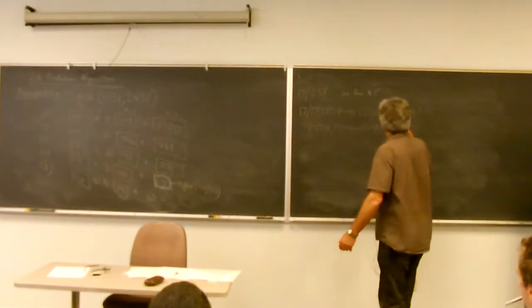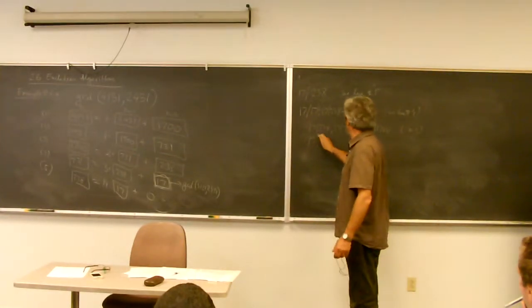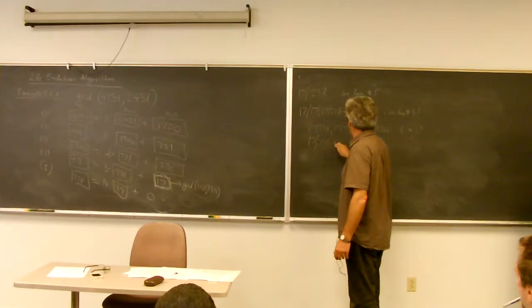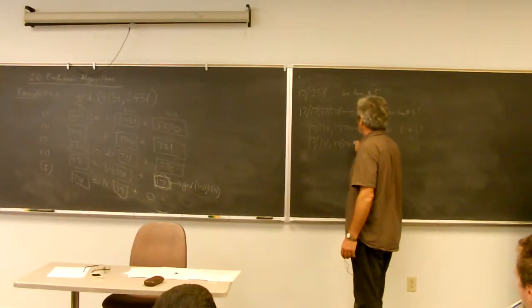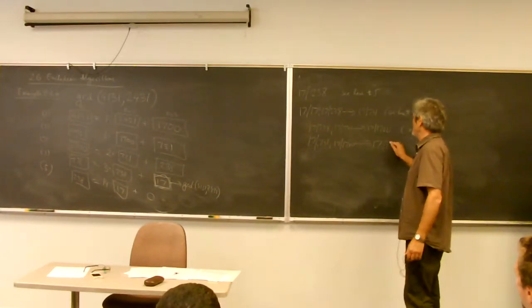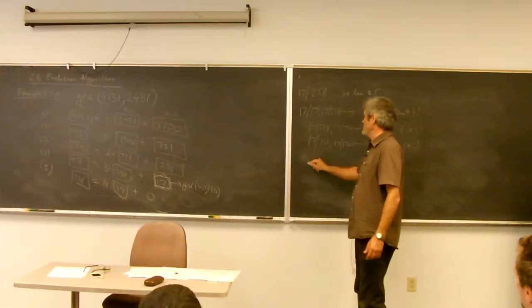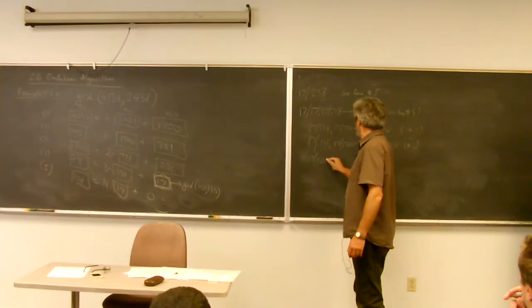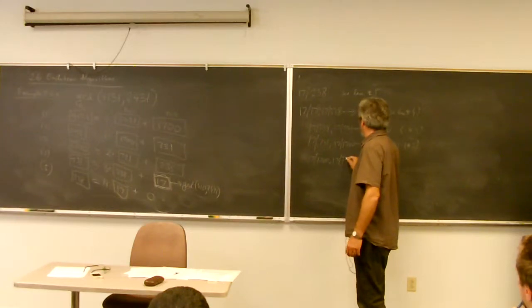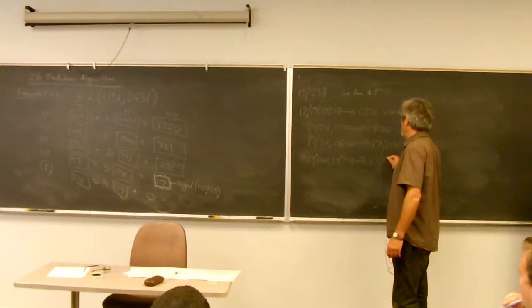I can actually write, so this was line number 3. Line number 2 says 17 divides 731, and 17 divides 1700 implies 17 divides 2431. That's line number 2. And line number 1 says if you divide 1700 and you divide 2431, you must divide 4131.